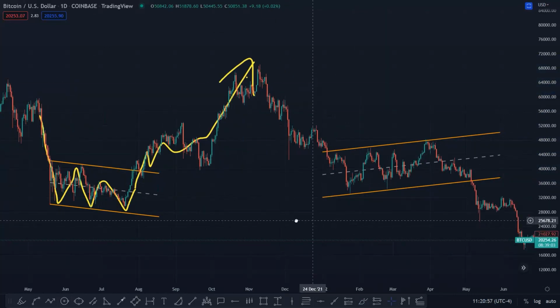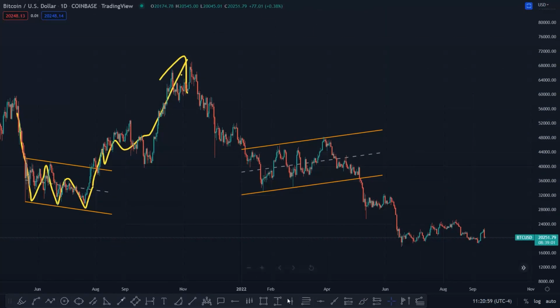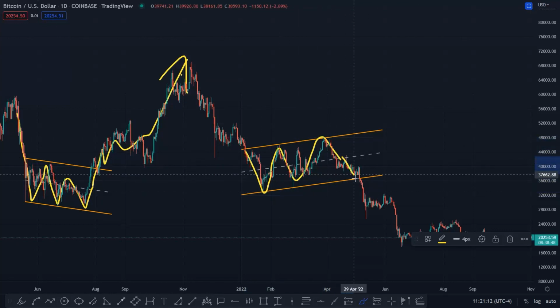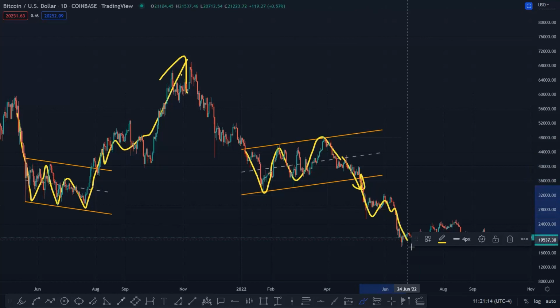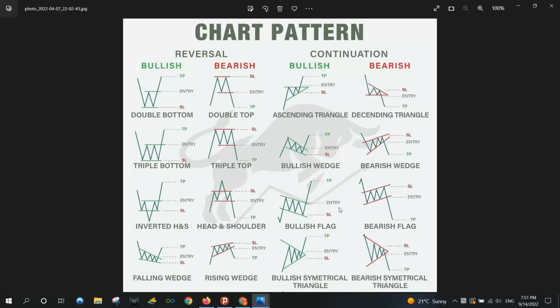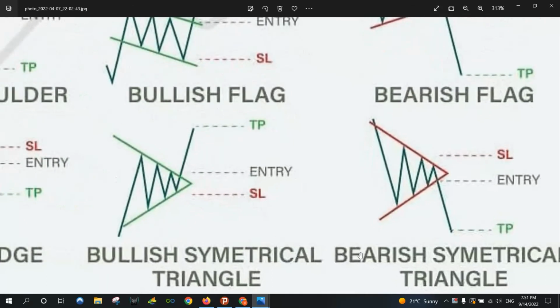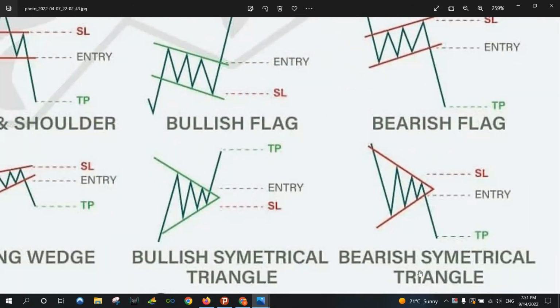But in those flags here, which are bearish, you're just making higher low, higher high, higher low, higher high. And when all the traders are hoping for a bullish momentum, it breaks down and you will continue the downtrend.